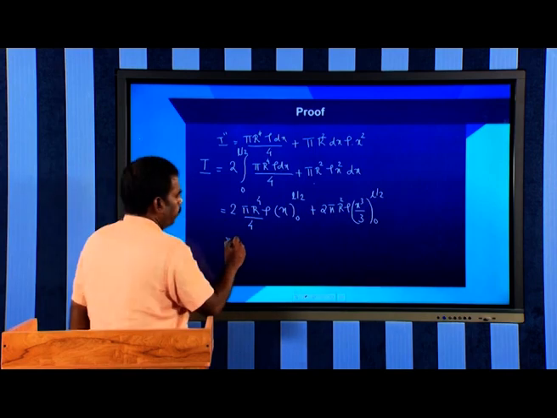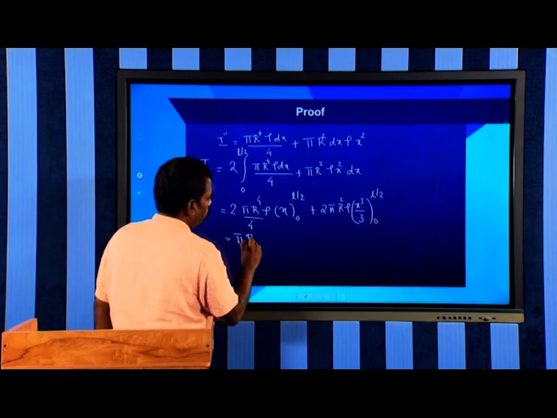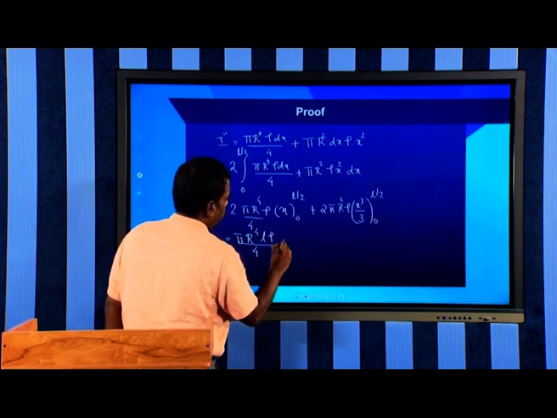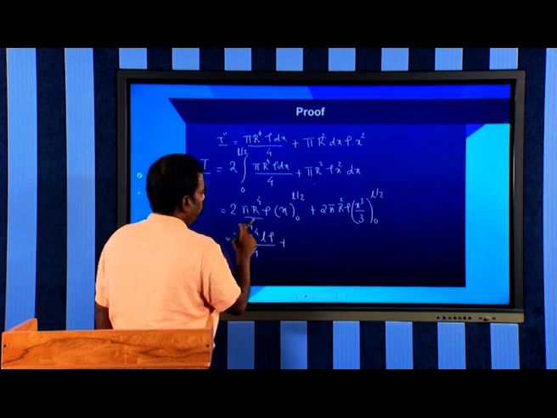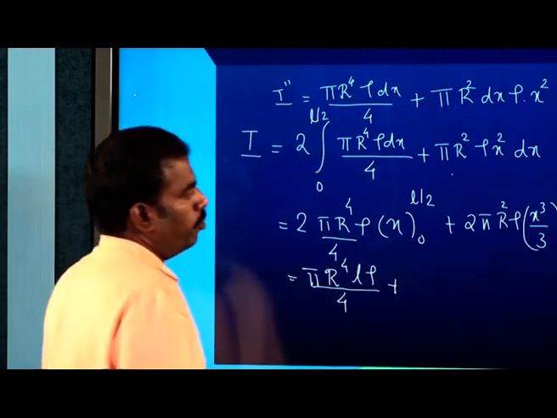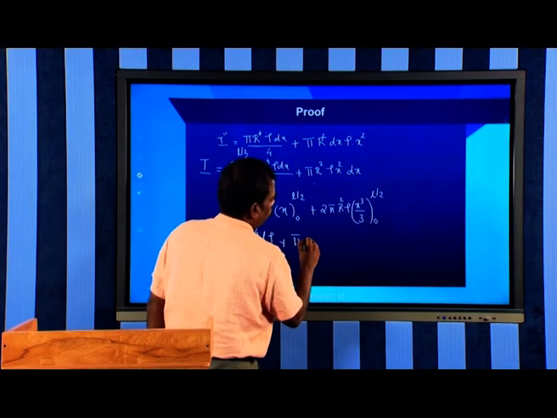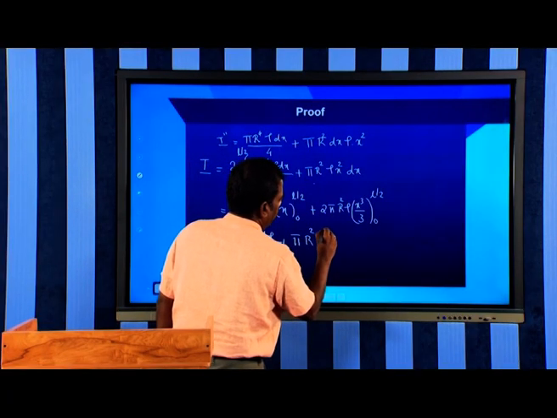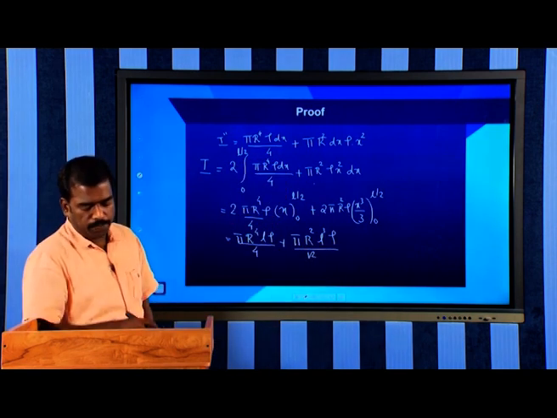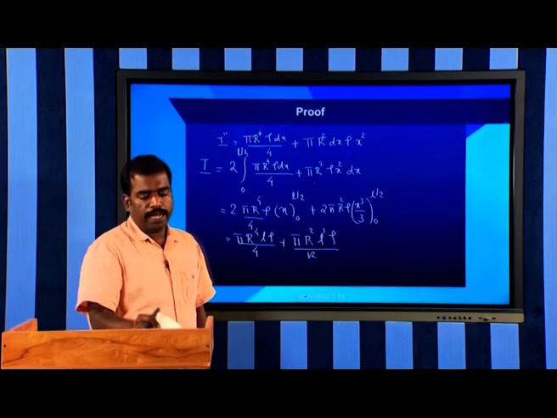So you will get pi r raised to 4 L rho by 4 plus, 2 and 24 cancel out, it is 12, so pi r square L cube rho by 12. So take the LCM and then solve.